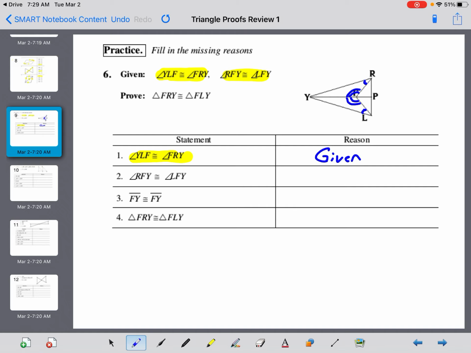So again, that's going to be a given statement. Then we know that these two triangles share the line FY, which means I'm going to put an X on it for reflexive. So your reflexive property. So now that you look, we have angle, angle, side. So these triangles must be congruent by angle, angle, side.